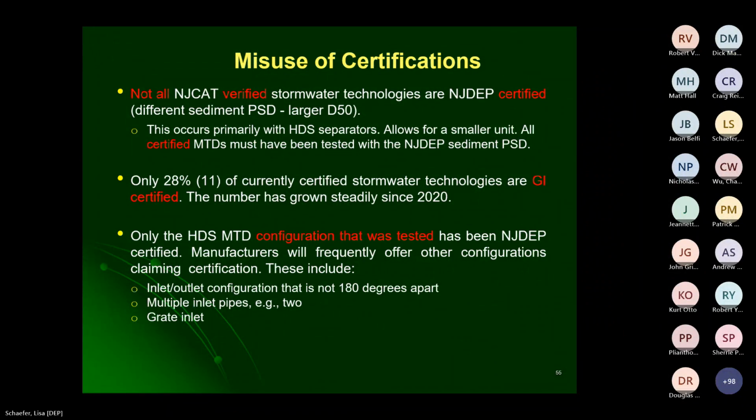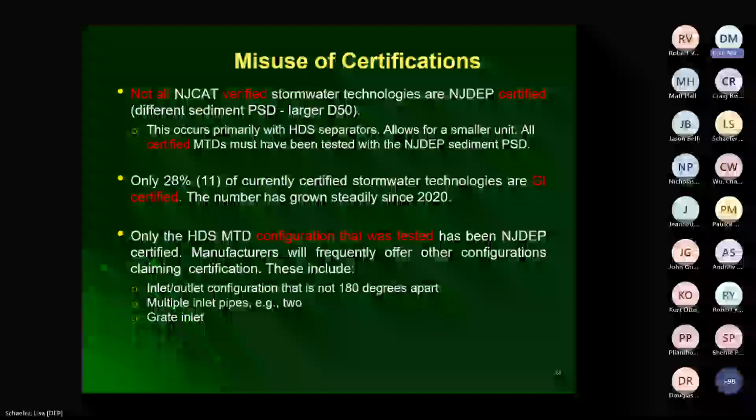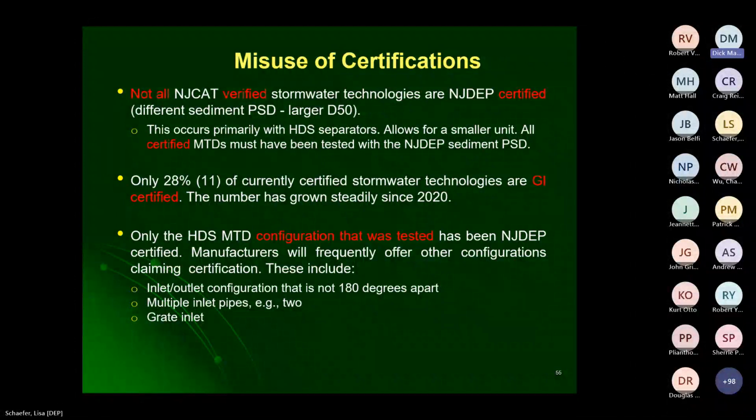Well, there are jurisdictions outside New Jersey that are willing to accept a coarser particle size distribution, what we call a larger D50. We require in New Jersey a D50 of 75 microns, which means that 50% of the sediment by weight is below 75 microns, 50% is above.